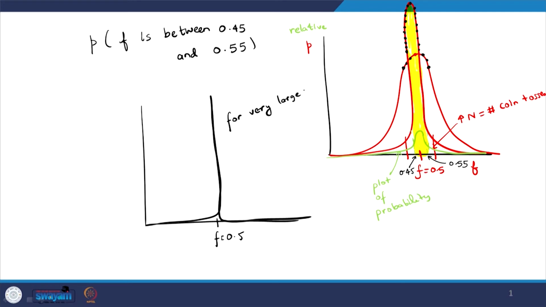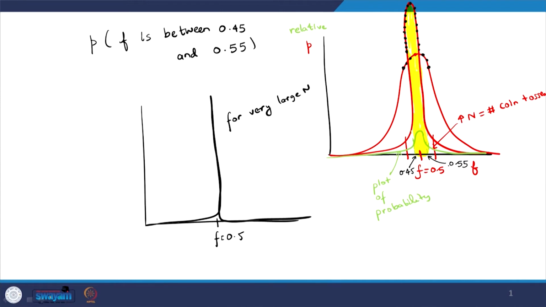It does not mean that f equal to 0.5 exactly has become highly probable. All it means is that the probability of f being close to 0.5 has increased as we have increased the n.